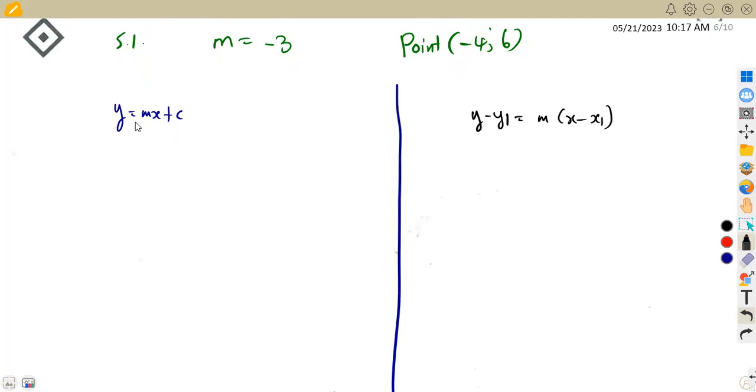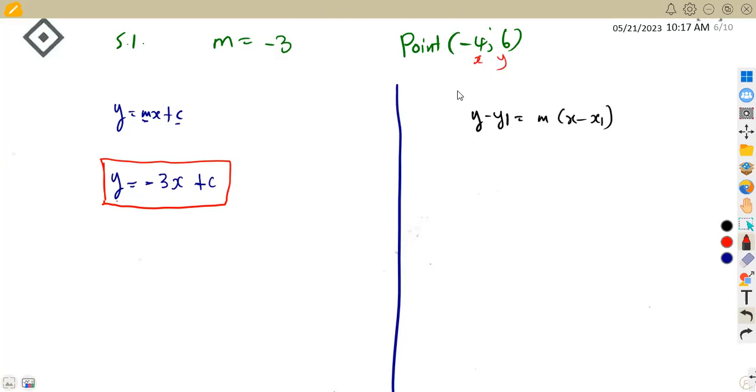So I'm going to start with this first part here, where we are given y is equal to mx plus c. It simply means that y is equal to m, which is your gradient, which is -3. So that's -3x plus c. From this equation, what you need is to substitute the point that you are given. In place of y and in place of x, you substitute the point.